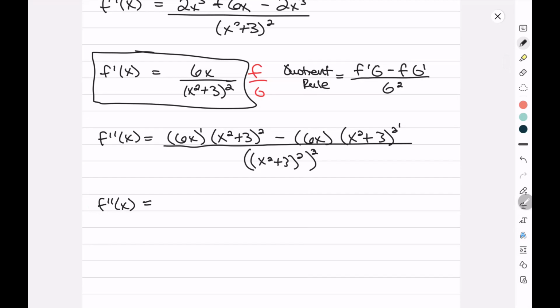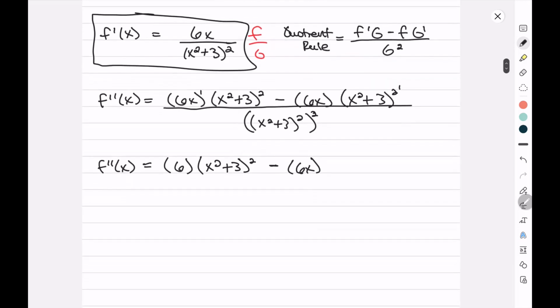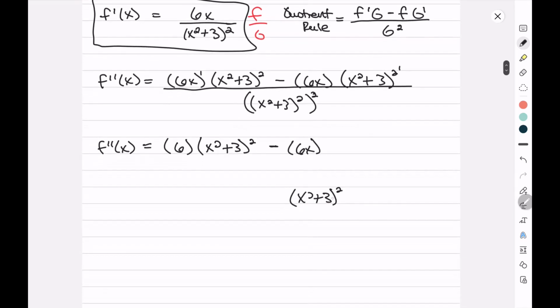If we take the derivative of 6x, we'll just get 6. And we can bring down our x squared plus 3. And for our second one, if we're going to take the derivative of x squared plus 3 squared, we will use our chain rule. So we can use power rule first.